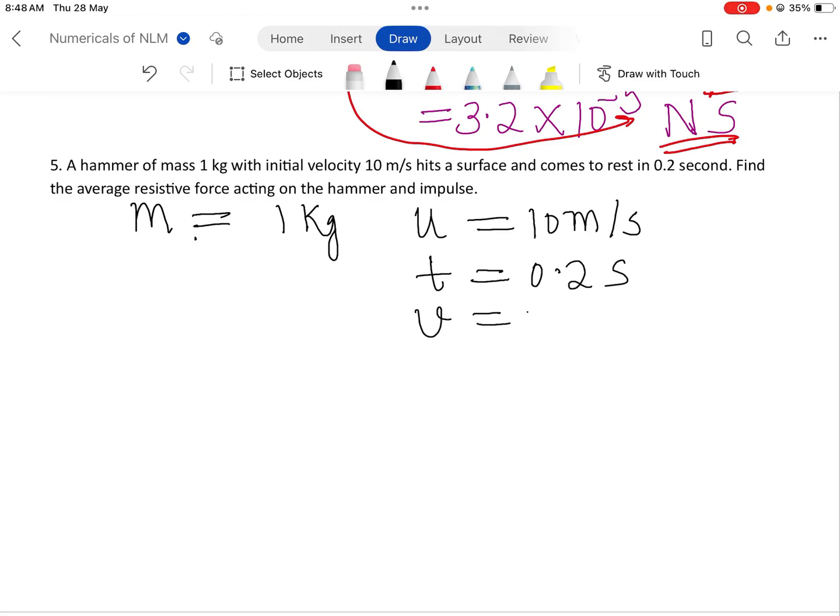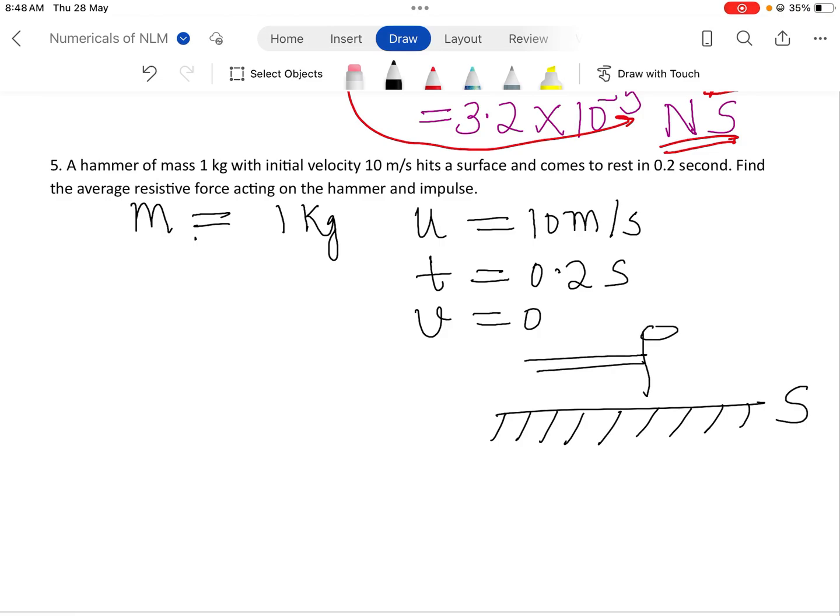Suppose this is the surface, and this is the hammer. It is moving with what velocity? 10 meter per second. It comes in contact with the surface for 0.2 second, and in that 0.2 second its velocity becomes 0. You have to find the average resistive force acting on the hammer and impulse.